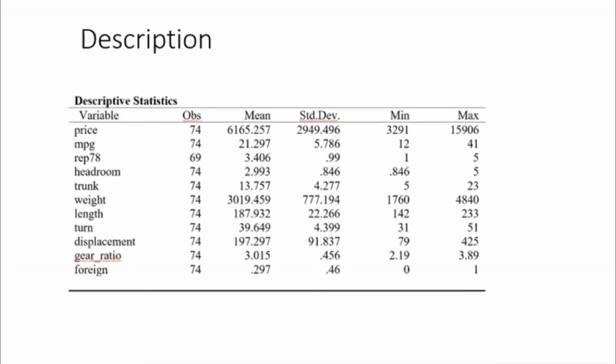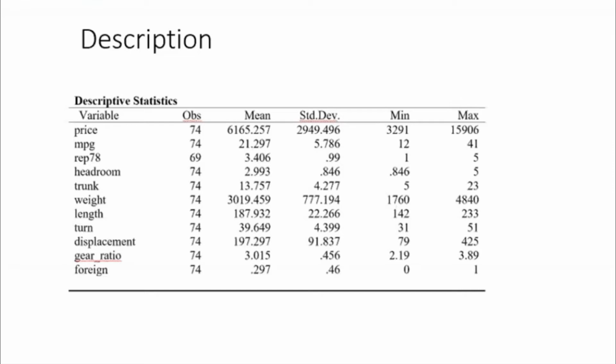Maybe he has done a mean of the prices of handbags in the market. He took 74 brands and found out what is the average price. This is a descriptive study.